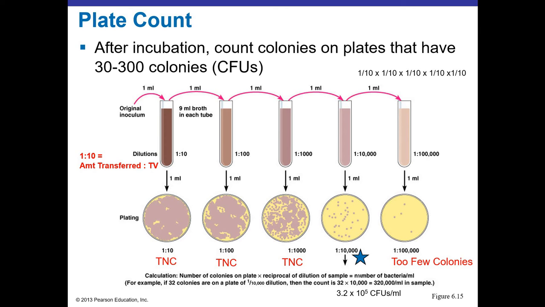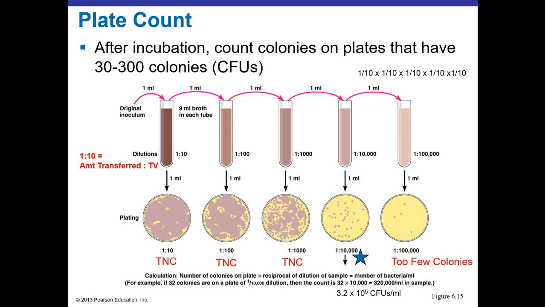We're going to do that over again, so we're going to mix up that 1 to 10 dilution and then take out of there 1 ml and transfer it to a new tube of 9 ml of broth. That would be a 1 to 100 dilution. 1 to 10 dilution times another 1 to 10 dilution gives us a 1 to 100. And we keep doing that over and over again. In this case, we have done 5 1 to 10 dilutions.